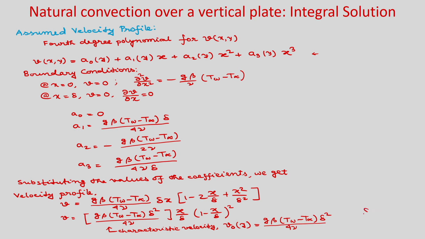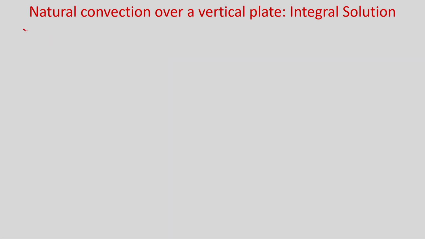So, you can see delta is a function of y, so V naught is also a function of y. So, this is the second unknown. The first unknown is delta, which we have to find, and another unknown is V naught. Okay. So, now you can write the velocity profile as V by V naught, okay, is equal to x by delta times (1 minus x by delta) square.